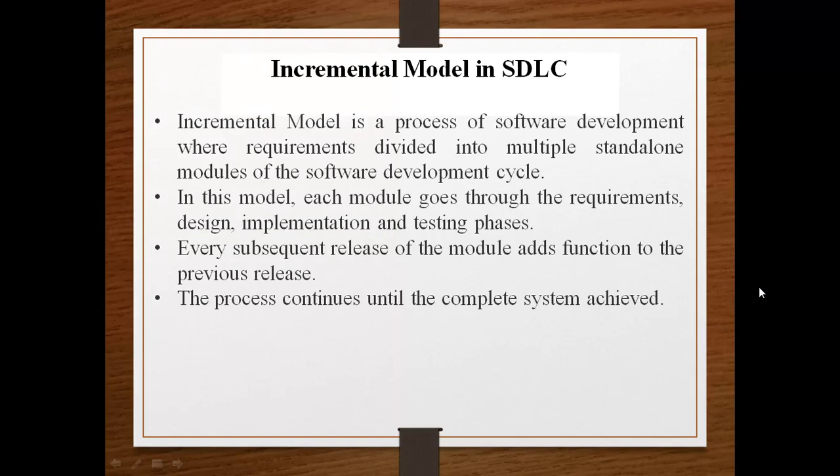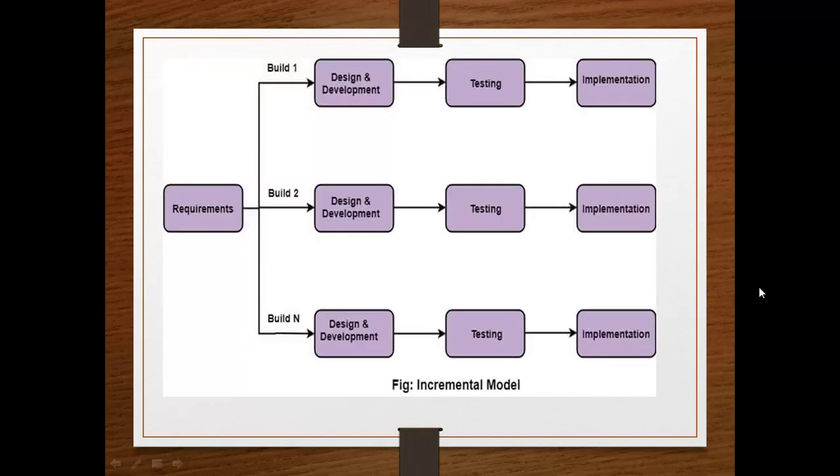So incremental means I have a small module, I will do everything for it. I will do requirement analysis, design, implementation, testing phase. If that works correctly, then I'll go to the second module. And I will again integrate these two modules, again do the same process with requirement, design, implementation and testing phase, and this goes on till I achieve my system. So it is called the incremental model in SDLC.